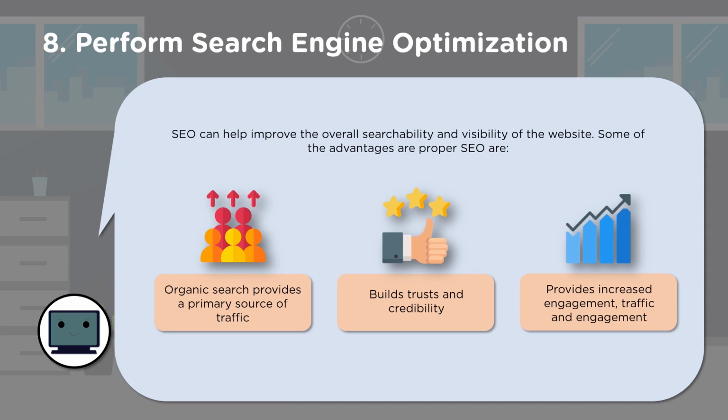It also builds trust and credibility because still a majority of the people who do a search click on an organic search listing. And so if you're found organically and you're ranked number one, then chances are somebody's going to click on your listing. And it provides increased engagement and traffic. And so what that means is more traffic, more engagement.